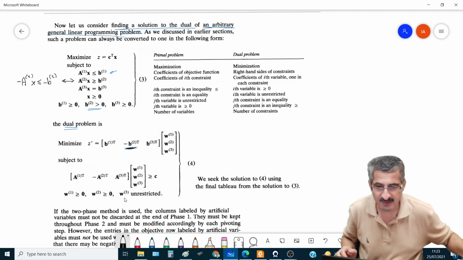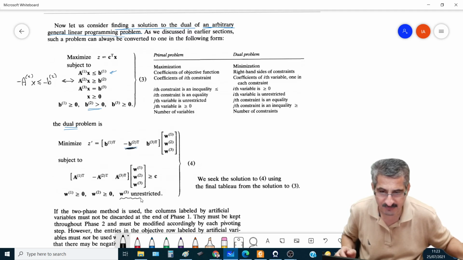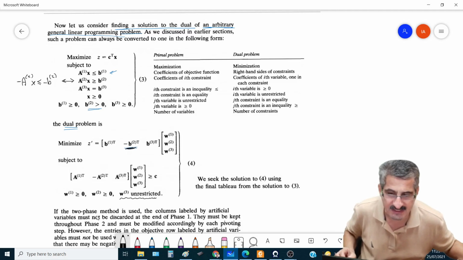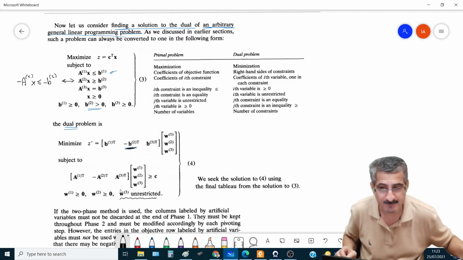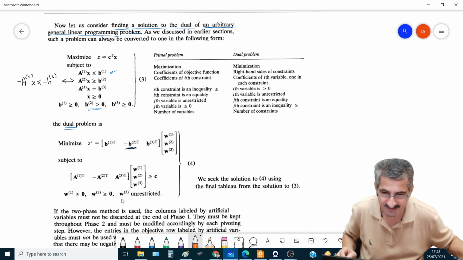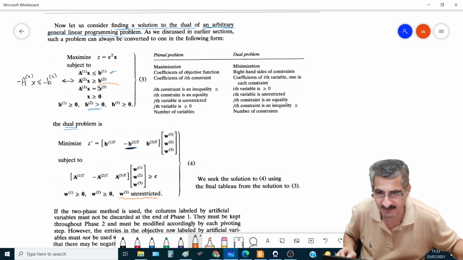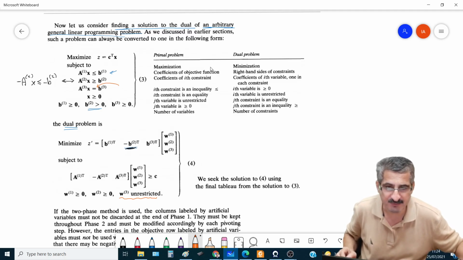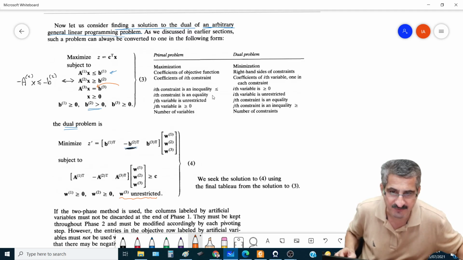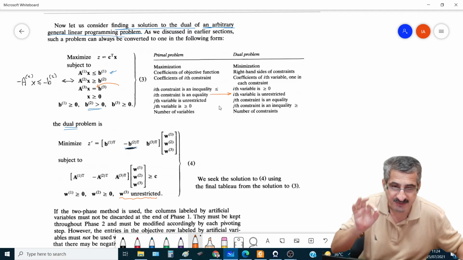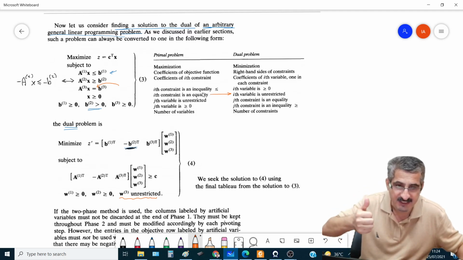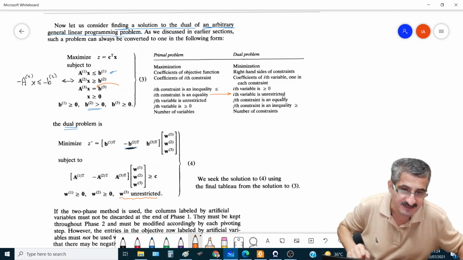Now pay attention to why W3 is unrestricted. This is because we have equality here. Remember this table says whenever the ith constraint is an equality in the primal, then the ith variable is unrestricted.